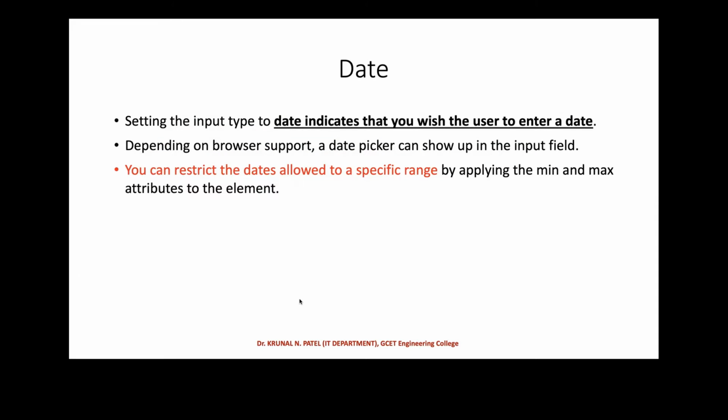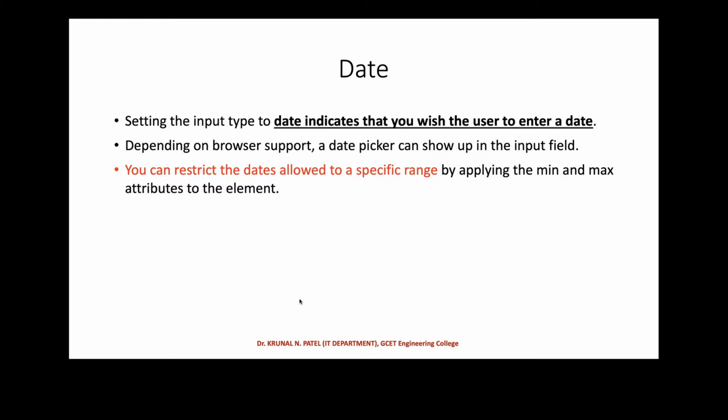Now let's go for the second one. They have provided date and time related input types, and also year and week, in detail. First of all, we are starting with date. Setting the input type to date indicates that you wish the user to enter a date.